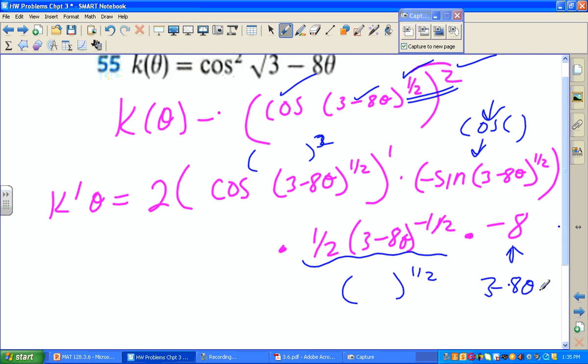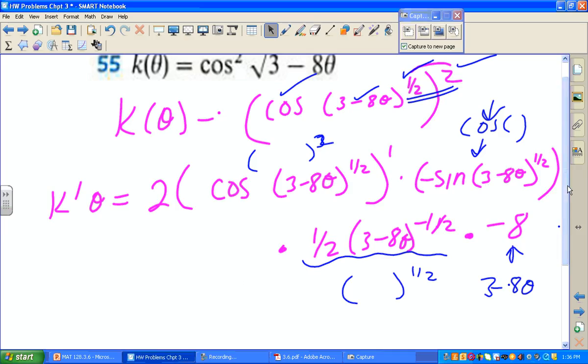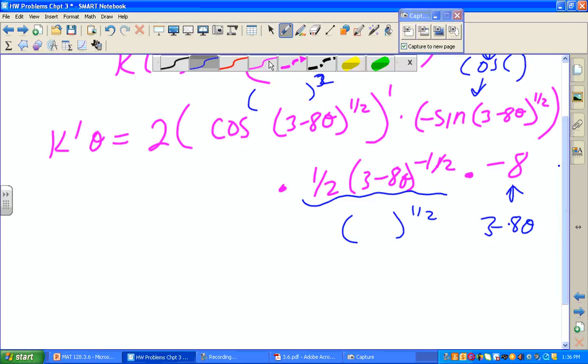All right, that was fun. Would you like to try? Well, that was the first step. You can take the half and the negative 8 and get negative 4. And then you got the negative 4 and the 2, so you got negative 8.